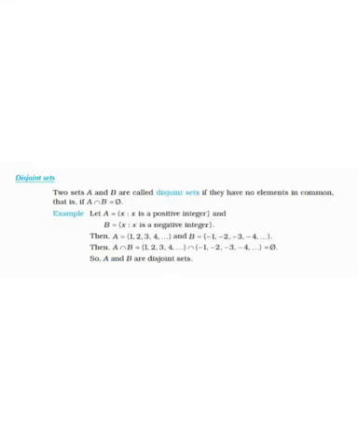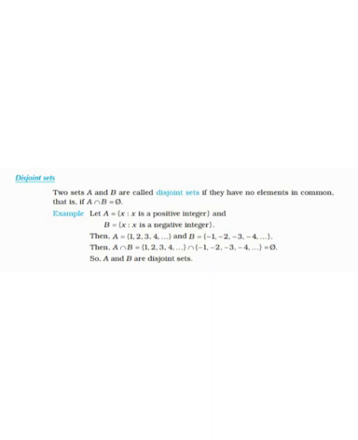The next one is disjoint sets. Two sets A and B are called disjoint sets if they have no elements in common, that is, if A intersection B is equal to the empty set. Empty means there is nothing common in both A and B. Note that if a set has 0 in it, the 0 also counts as one element.